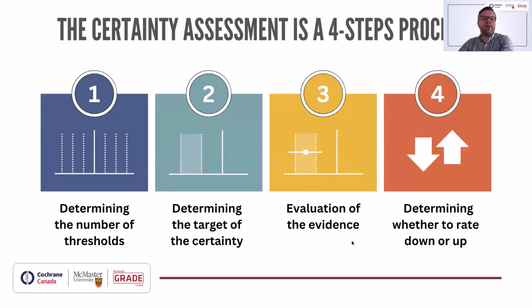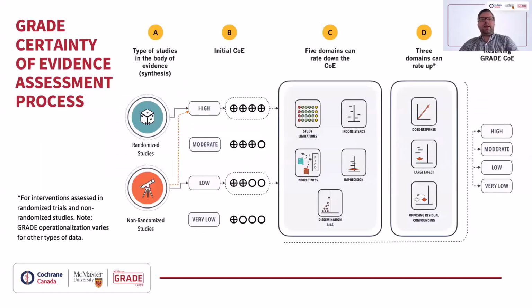Then we evaluate the evidence by conducting our synthesis and meta-analysis, for example, in the systematic review, and determining whether to rate up or down our certainty. And again, as a refresher, for the certainty of evidence assessment, we consider evidence from randomized studies and non-randomized studies.